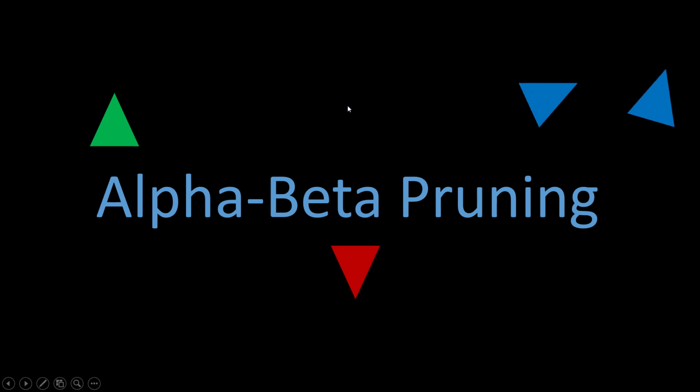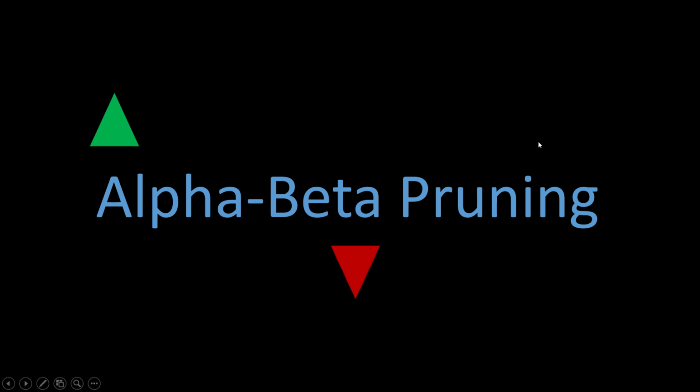Alpha because it's the highest maximum value, which it is trying to store. After all, I need to store the values to know. Beta from the lowest value, and pruning from the removal of nodes that are useless for me.